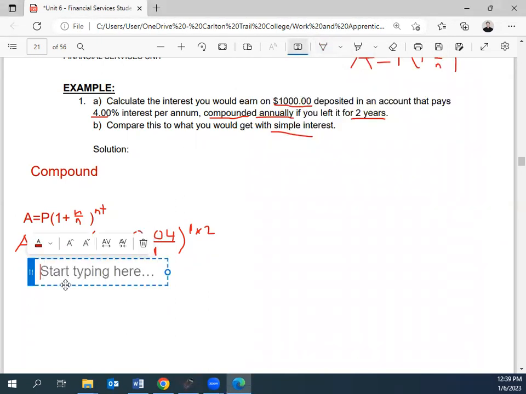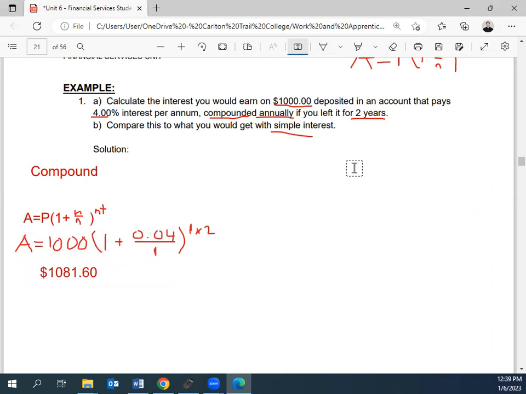So after 2 years, your investment turns into $1,081.60. That's with compound interest.